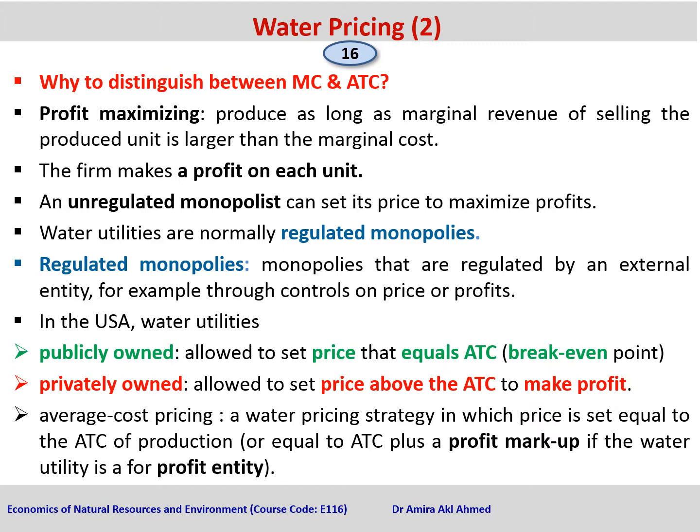In the United States of America, water utilities are either privately or publicly owned. For both, regulatory bodies normally set water prices using an average cost pricing strategy without any consideration of marginal costs.